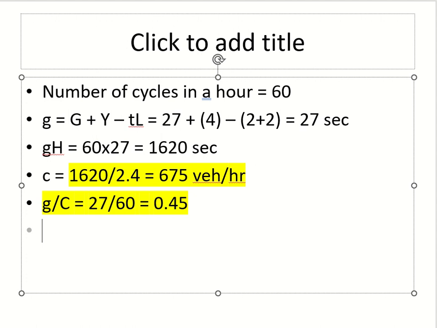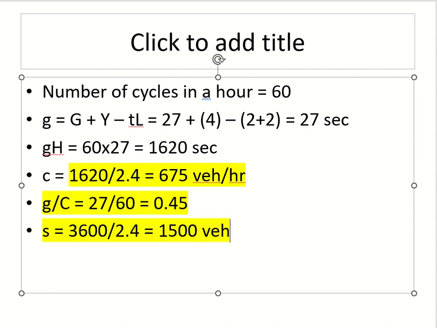So saturation flow rate is, again, small s. What is 2.4? The saturation headway. If saturation headway continues for 1 hour, 1 hour is 3600 seconds, right? How much flow rate will you have? 1500.